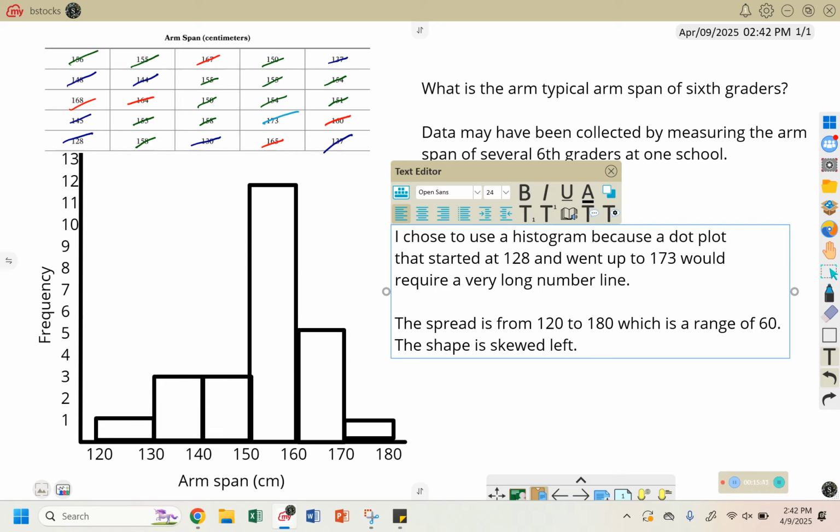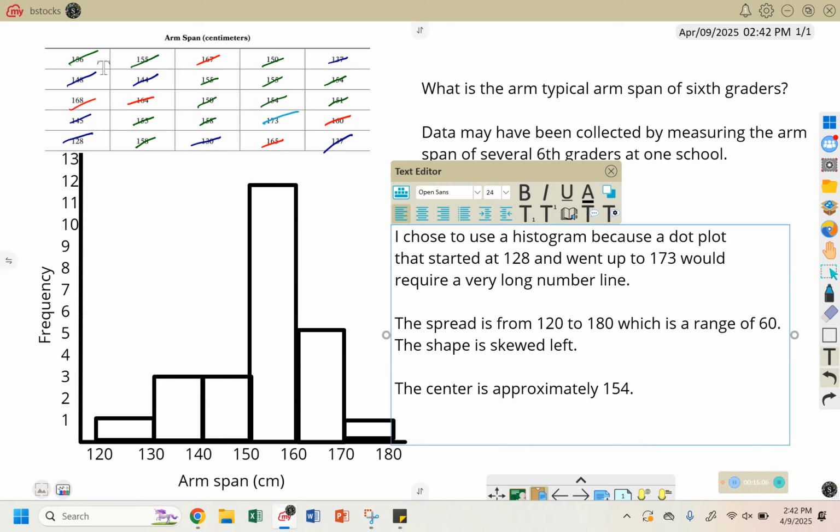An estimate of the center of the data distribution. I would say it's in between 150 and 160. So I might go with a number of around 154. The number of observations in the data set.